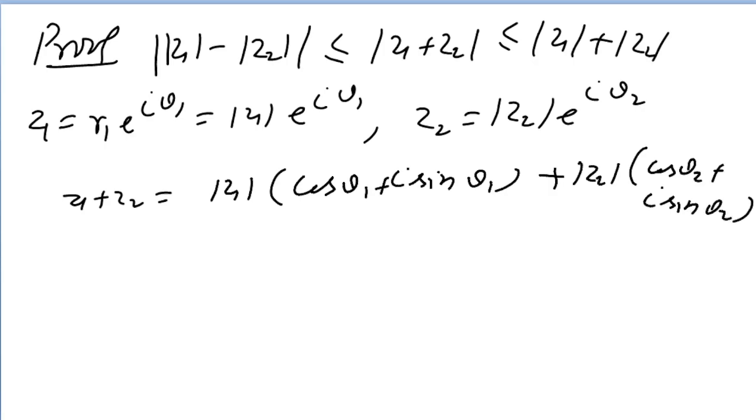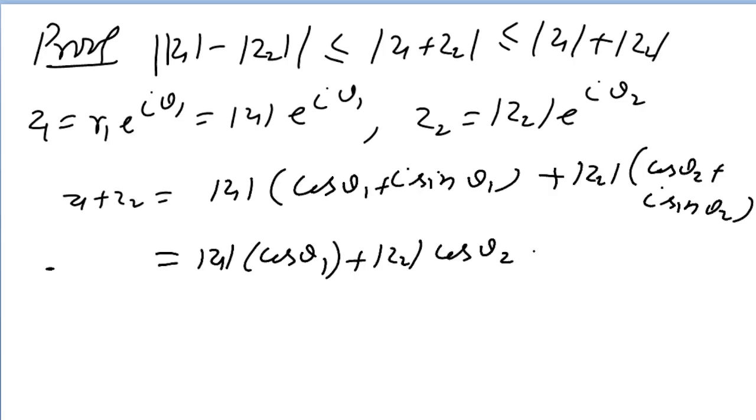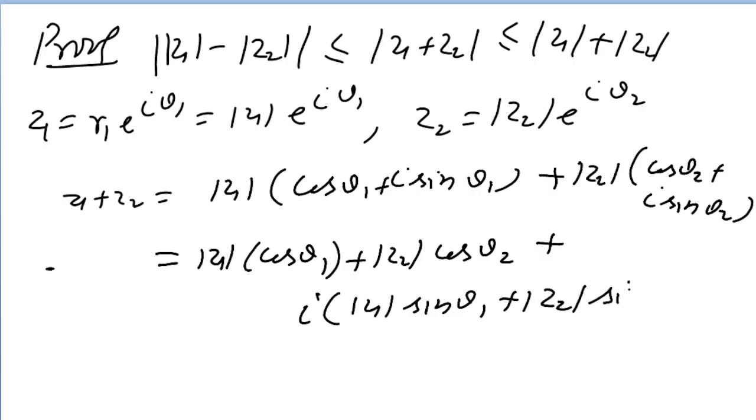Now let's simplify it further into real and imaginary parts. The real part is mod Z1 cos theta 1 plus mod Z2 cos theta 2, and the imaginary part is mod Z1 sin theta 1 plus mod Z2 sin theta 2. So this is Z1 plus Z2, and now we take the modulus.